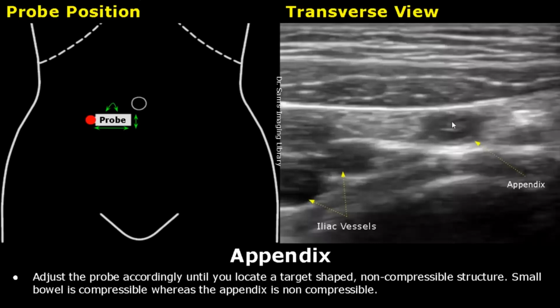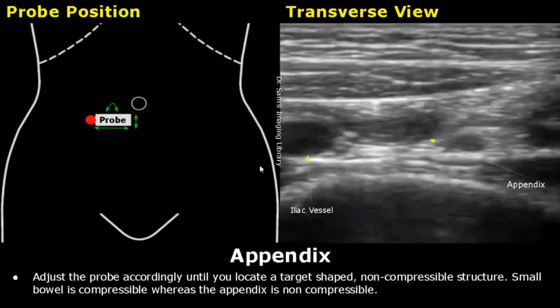This will be the appendix. The appendix can be distinguished from the small bowel by seeing the compressibility. The small bowel is compressible when we apply probe pressure, but the appendix is not compressible when we apply probe pressure. The appendix gives a target sign appearance in transverse view.